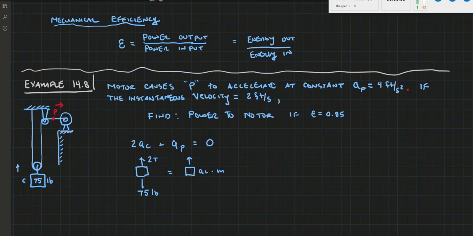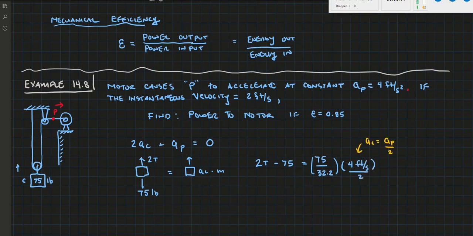So our equation of motion then will be 2T minus 75 pounds equals the mass times the acceleration of C, and the acceleration of C is twice the acceleration of P, so we're looking at 4 feet per second.